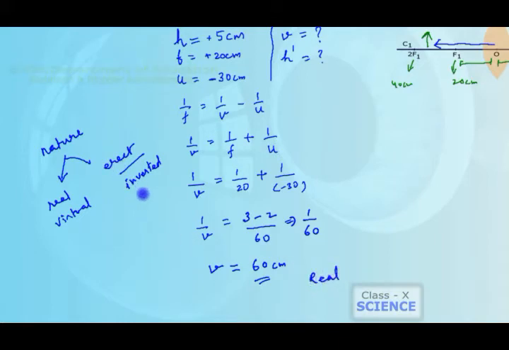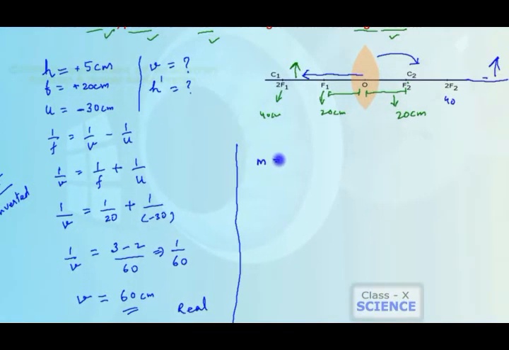Whether it is erect or inverted, we do not know. This we will come to know only when we find the height of the image, whether it is formed above the principal axis or below the principal axis. We know that m is equal to h dash by h, which is again equal to v divided by u. H dash we do not know. So, we can write m is equal to v by u. We know that v is 60 centimeter and u is minus 30 centimeter.